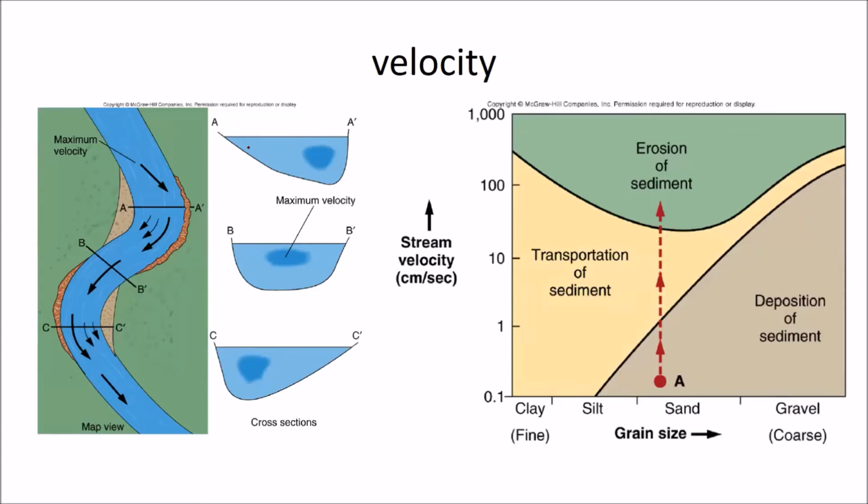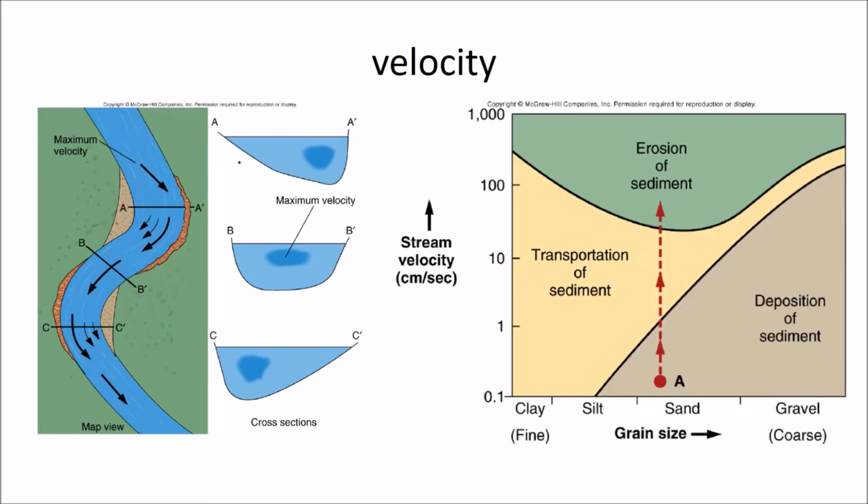If you see the cross section of the stream at different locations, normally at the center of the cross section, the velocity will be stronger, higher, and it can be smaller at the surroundings. So this figure shows you where the velocity is high and where the velocity is low. And when the velocity is high, erosion occurs. And when velocity is low, deposition occurs.